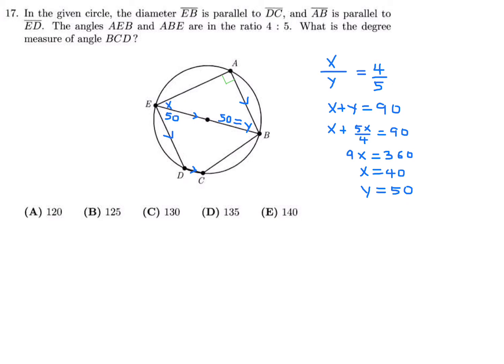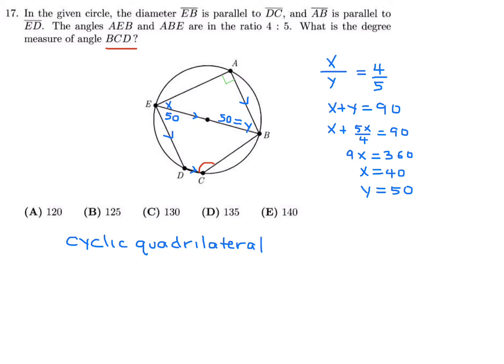Okay, so now which angle do they want us to figure out? It's BCD. And where is BCD? It's right here. And there are several ways to approach this question at this point. The first way is to recognize that this right here is a cyclic quadrilateral, because all four vertices are on a circle.